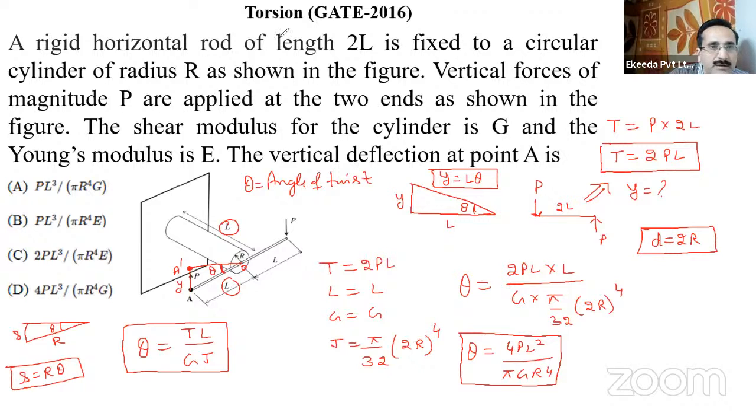Solving it, theta is already obtained, so we can find y. That will be equal to 4PL cube upon pi G r to the power 4, right?